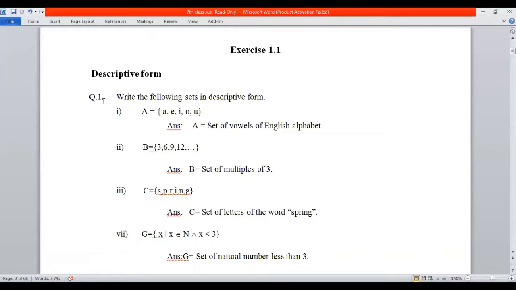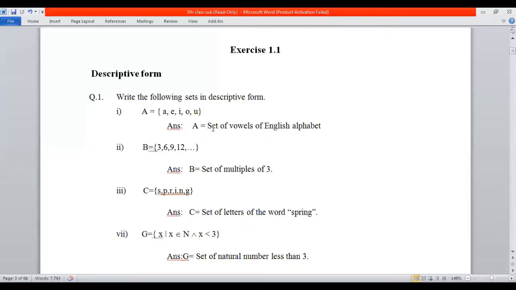Now come to question one. First question, first part is A equals {A, E, I, O, U}. You already studied this in class 6, that this is given in the tabular form, enclosed in curly brackets and separated with commas and represented with the capital letter A. So how can we write it in the descriptive form?